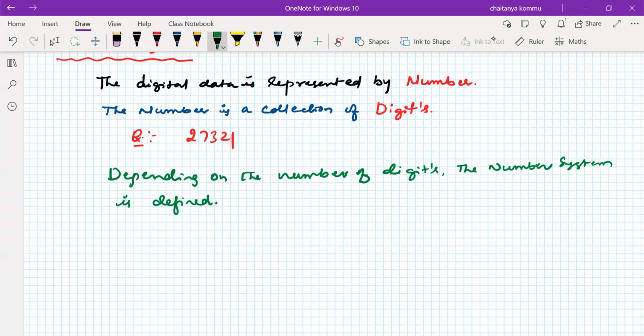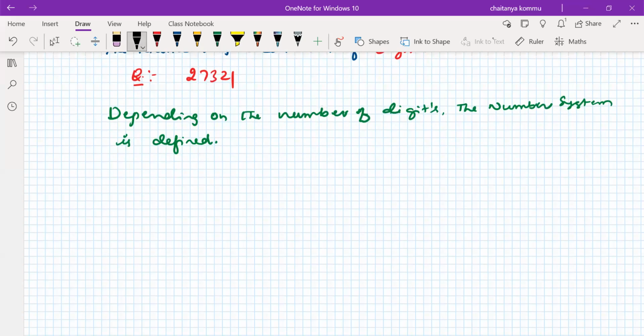How many digits you're using for your counting purpose, for example, if I'm using 2 digits, this is called a certain number system. Whenever we use a number of digits, the number of digits is nothing but the radix of that number.